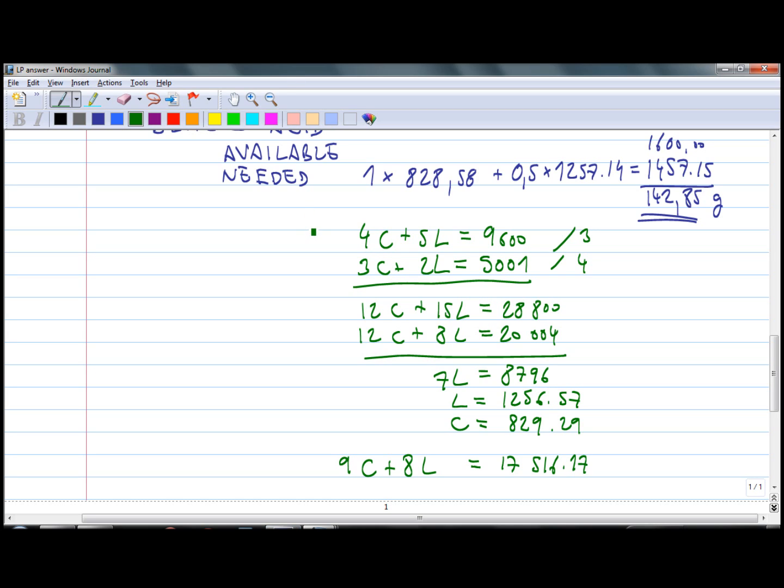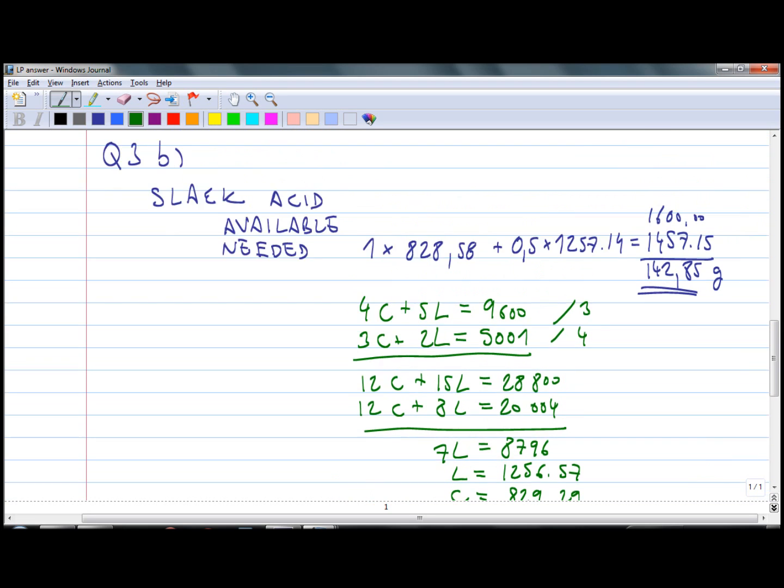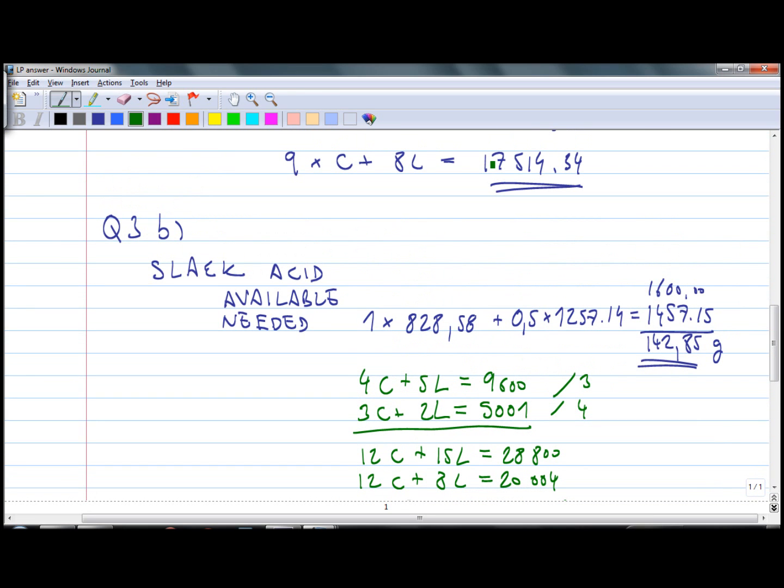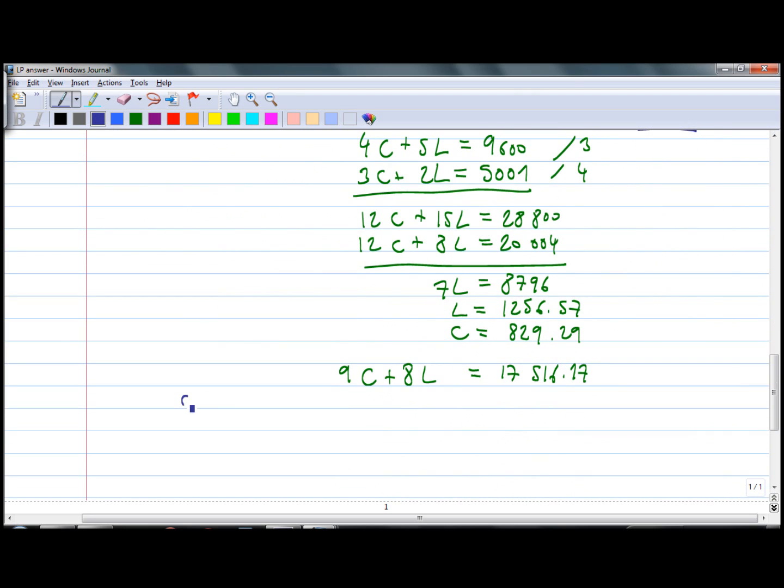And shadow price is the maximum we would pay for this 1 extra unit, and you shouldn't pay more than the increase in your contribution, and your original contribution was 17,514. So let's copy that here. $514.34.